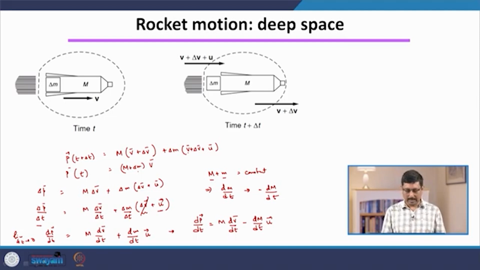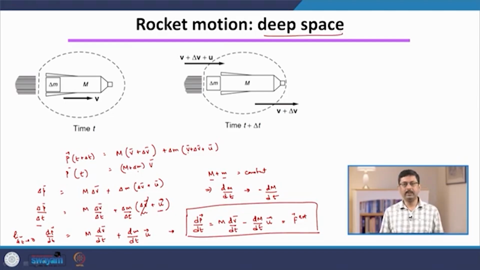Now, once we have this equation, we can apply our momentum principle, and in general it will be equal to the external force acting on the system. We are looking at a situation in deep space, which means we assume the external force to be 0.